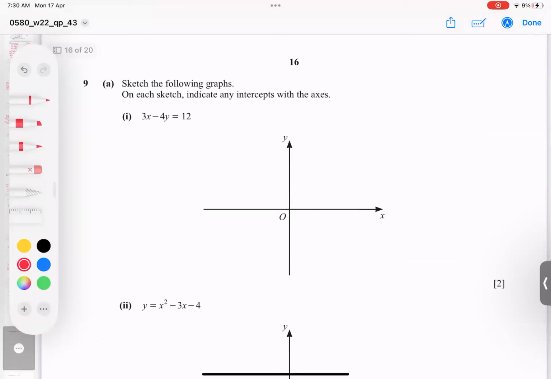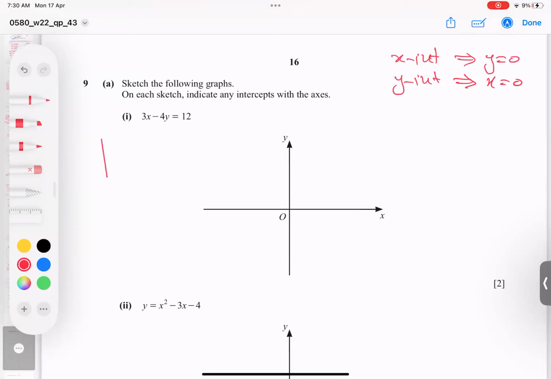Question number 9, we have: sketch the graph of each, and indicate your intercepts. This is a very important thing. Whenever we talk about the x-intercept, students, we plug in y equals 0, and for the y-intercept, we always plug in x equals 0. So let's start.